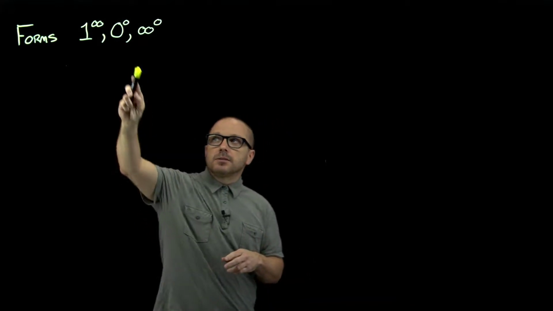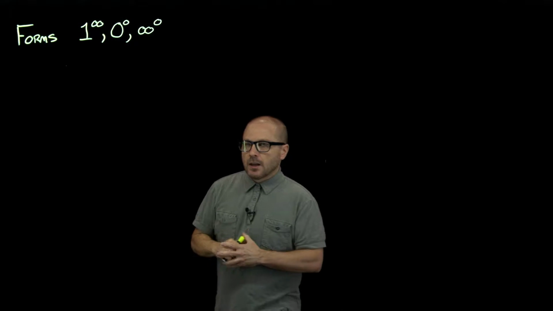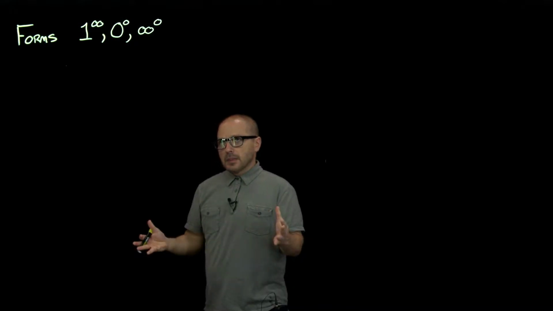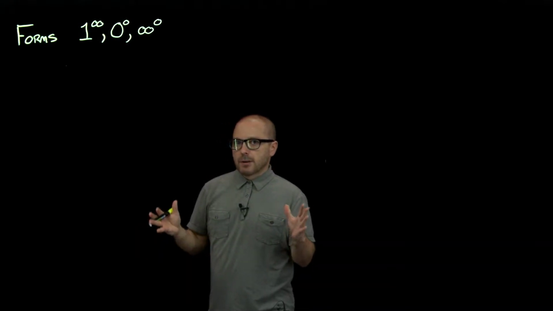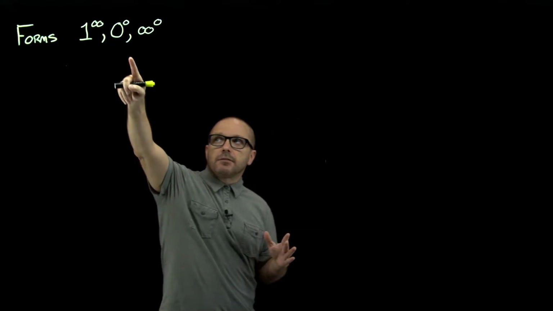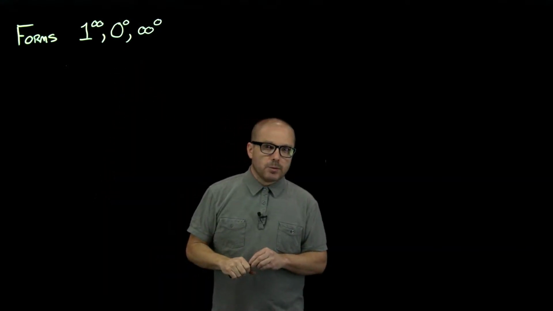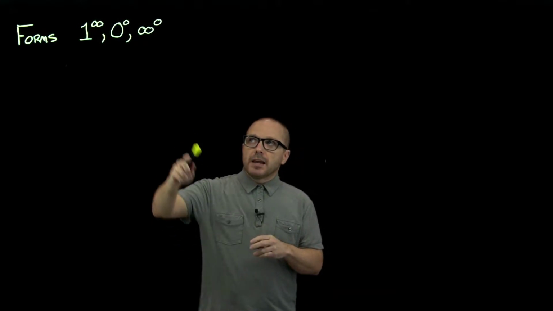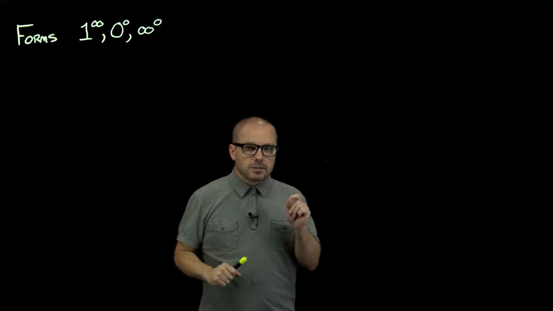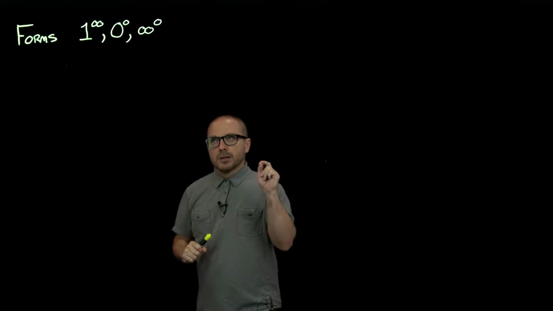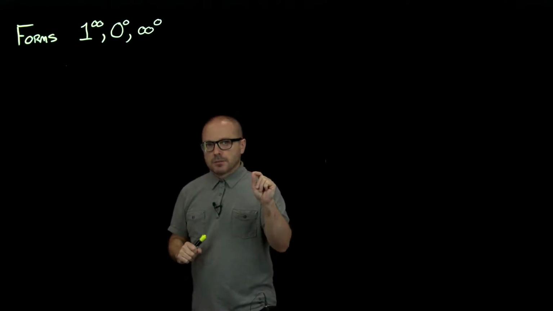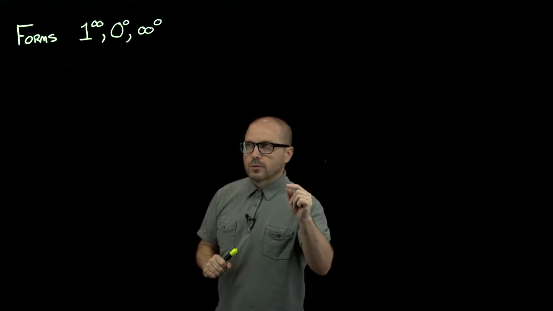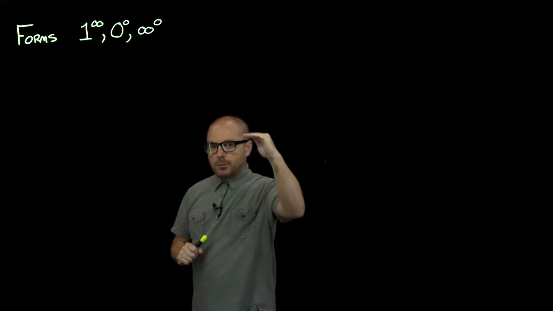Again, here, 0 to the 0. And it's easiest to think of this for positive numbers, so everything's defined. But if you're looking at positive numbers close to 0, the base wants to make that 0, of course. But if the exponent's getting close to 0, when you take numbers very close to 0 to very small powers, think about taking square root, cube root, fourth root, fifth root, you actually make it bigger.